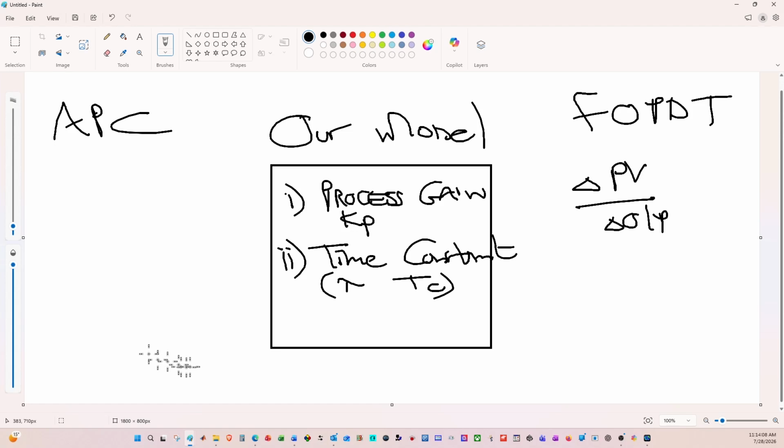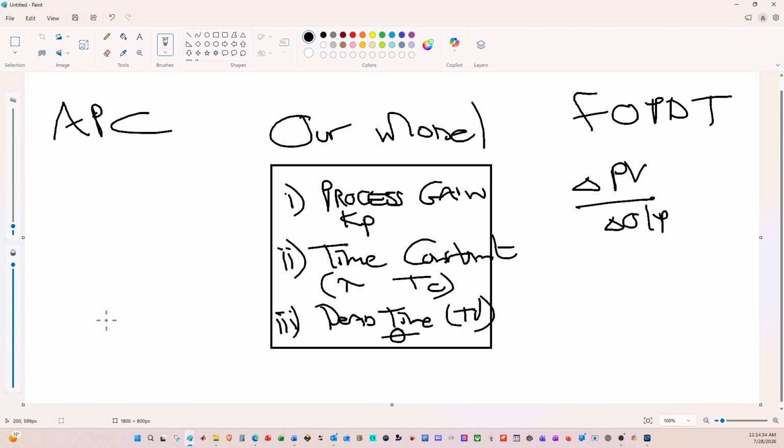And this brings us to the third component of my model, and that is going to be the dead time. I just like to use the lettering TD, but you might find that people have got different symbols that they may go and use for that as well. Now, dead time is often referred to as our delay or our transport lag.